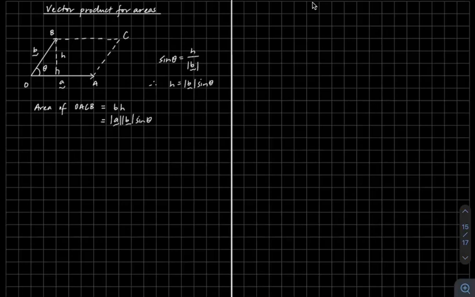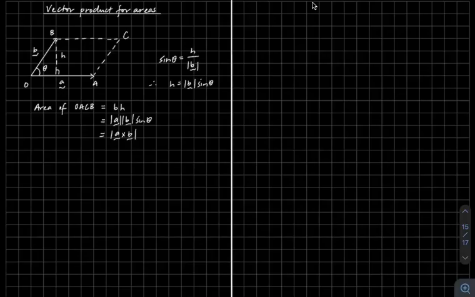But that expression, magnitude of a times magnitude of b times sine theta, is in fact just the magnitude of the cross product, isn't it? Because if we stuck the unit vector n on the end, we would have the cross product, and so without that unit vector what we have is just the magnitude of the cross product.